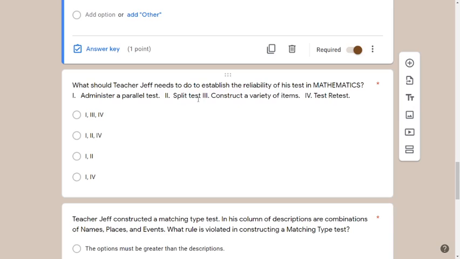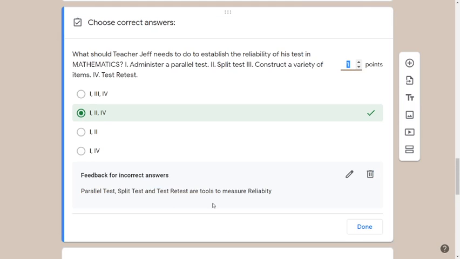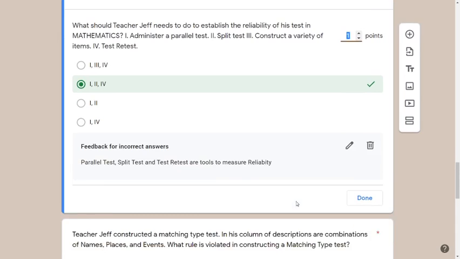This actually helps with establishing reliability. Therefore, between 2 and 3, 2 is a type of test. 3 is not a type of test because it's more of the way you choose or create your own items. Therefore, 3 is not an option. In this case, I would choose 1, 2, and 4, and that is option number 2. There you go, that is correct. So here, parallel test, split test, and test retest are tools to measure reliability.